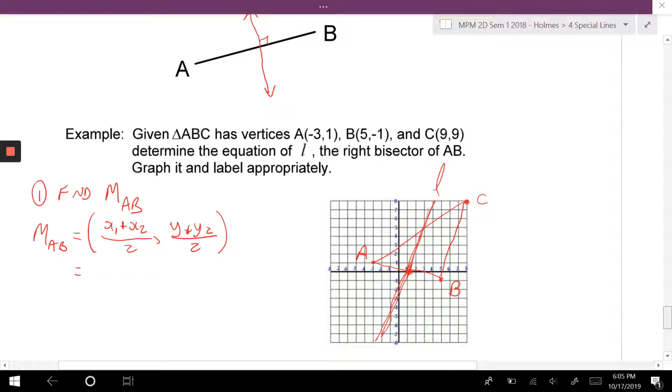So I'm going to use my coordinates A and B. I'm going to add those up, and that's going to become -3 plus 5 over 2.